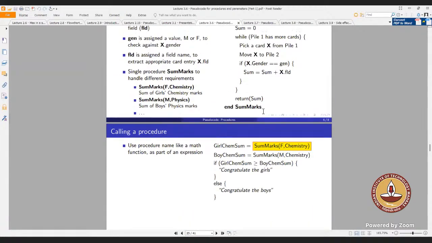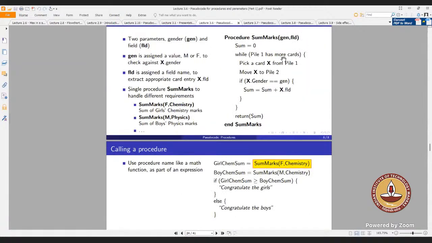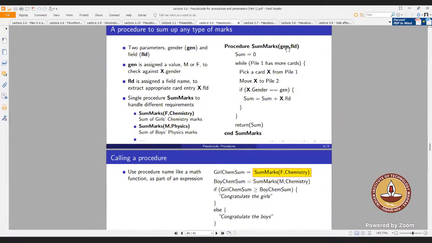So in the procedure in here, the gen and the field, this is what you had the question, right? Yes, sir. So in here, he's passing the chemistry marks, and in here, he is passing just what the gender is. So you can pass any information among these two.